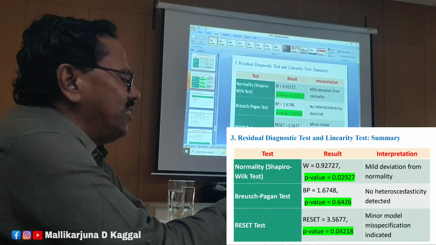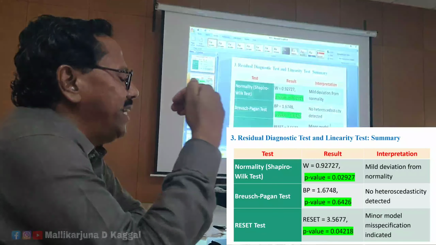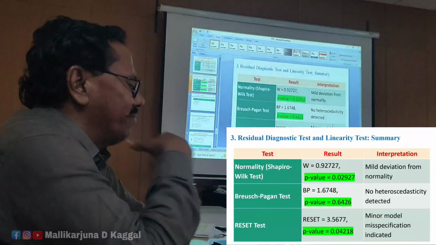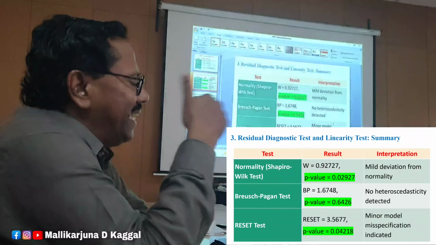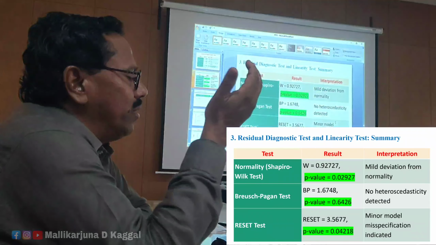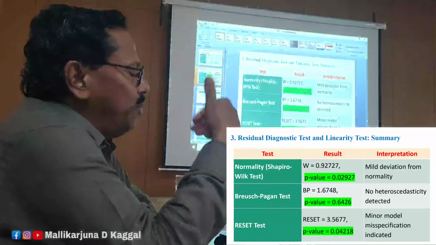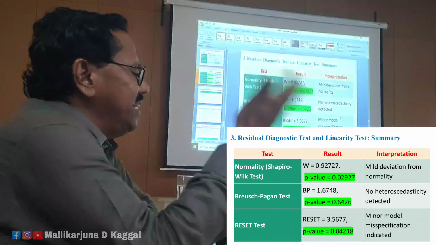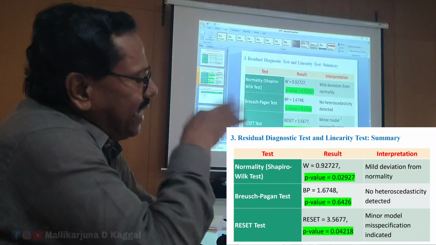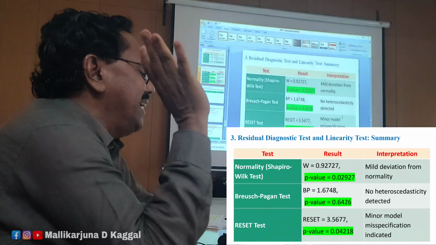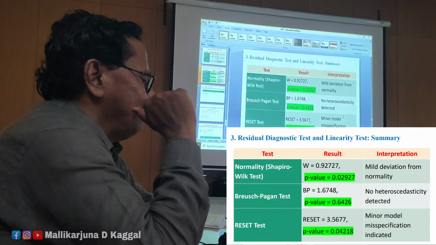Again, a reset test we use to check whether your model is linear or non-linear. Initially only we calculate it, before I start deciding which model to adopt. I do the reset test. If the reset test says non-linearity, I will go directly to non-linear instead of going for linear.